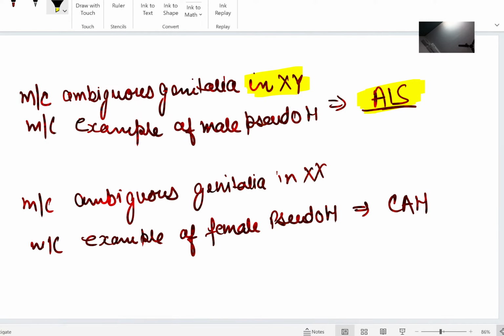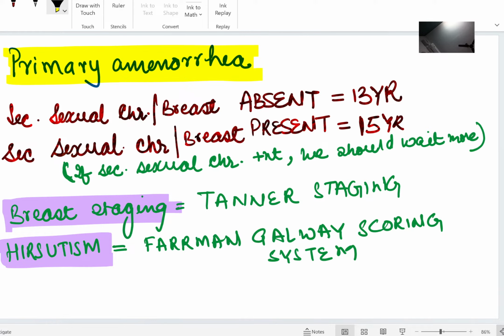Primary amenorrhea is absence of menses, absence of menarche.